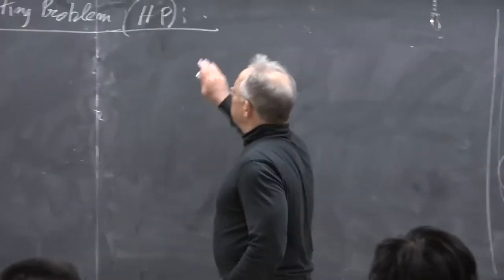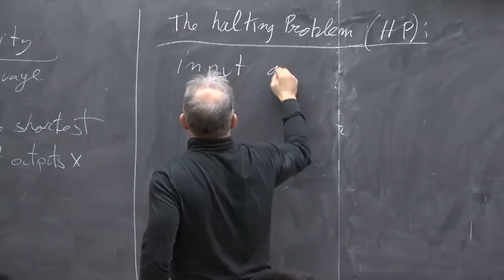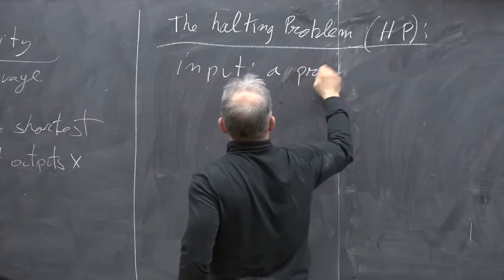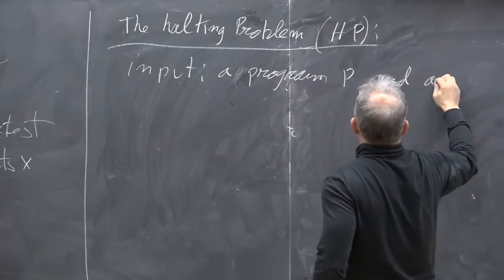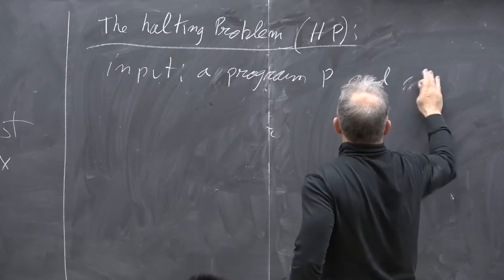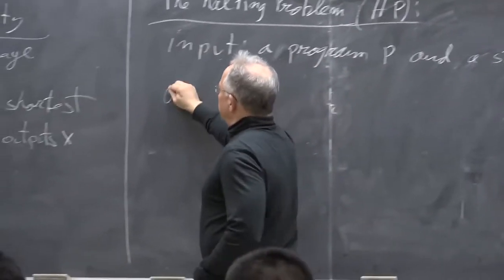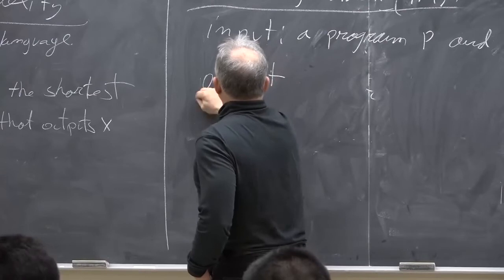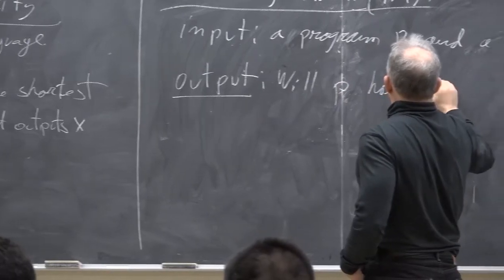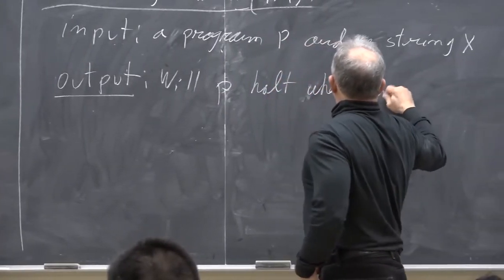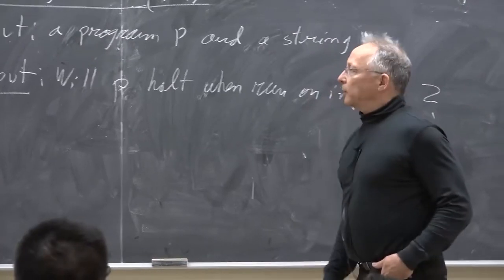So you take as input a program P and an input, or a string, X, and what you want to output is: will P halt when run on input X?